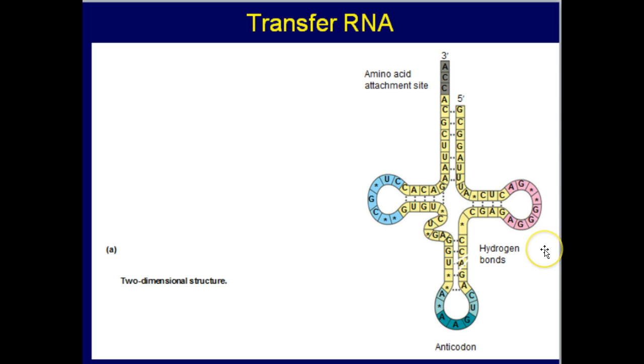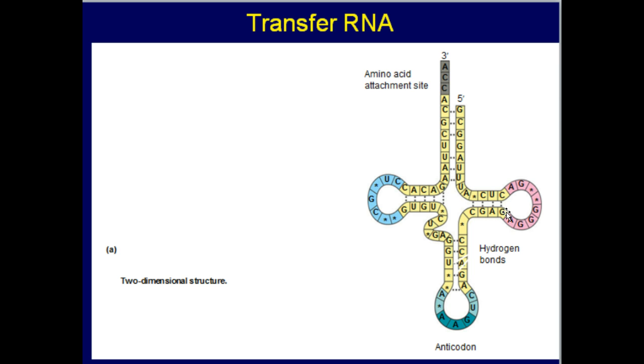So on an exam, they may put some diagrams of different RNA or different molecules, and you have to identify which one is transfer RNA. These 3 loops are classic transfer RNA. And here's your anticodon down here, AAG, and we're going to talk about that here in a second. So get this diagram in your notes and label it correctly.